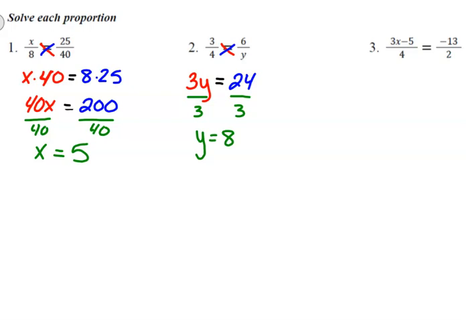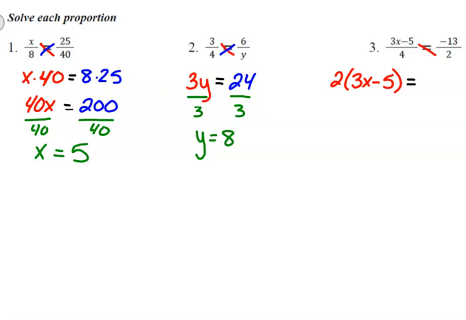When you get to a question like number 3, where your x or your y or whatever your letter is not by itself, notice on my fraction I have a 3x minus 5. When I go to do this multiplication with the 2, I'm going to use parentheses. Put the 2 in front, put your 3x minus 5 inside those parentheses. That's going to let us distribute.